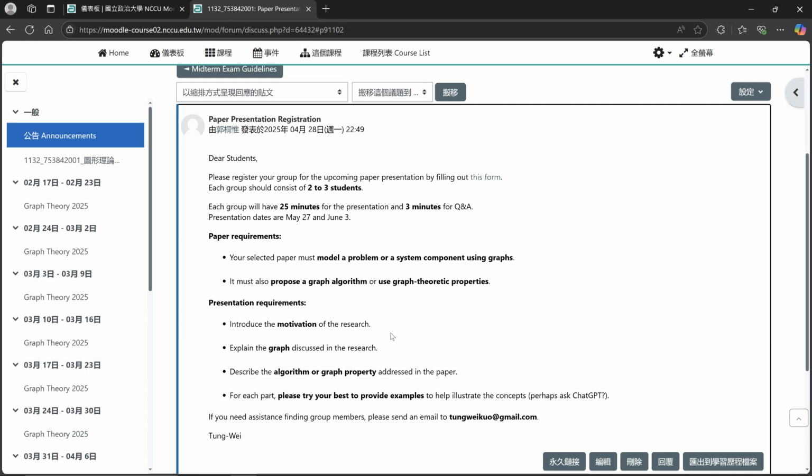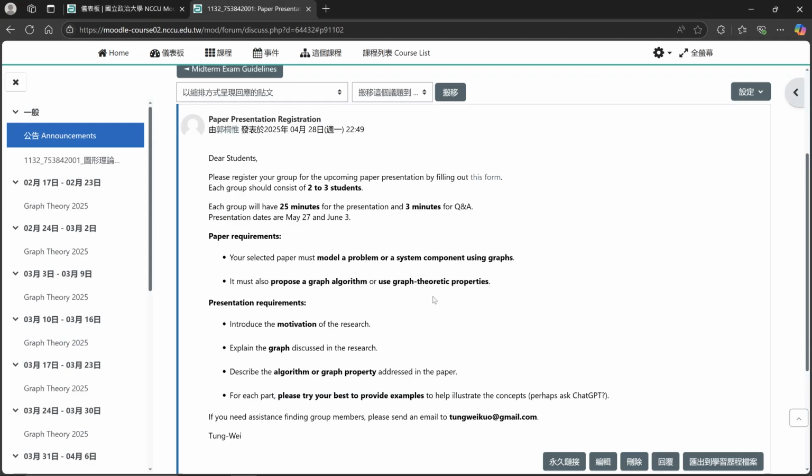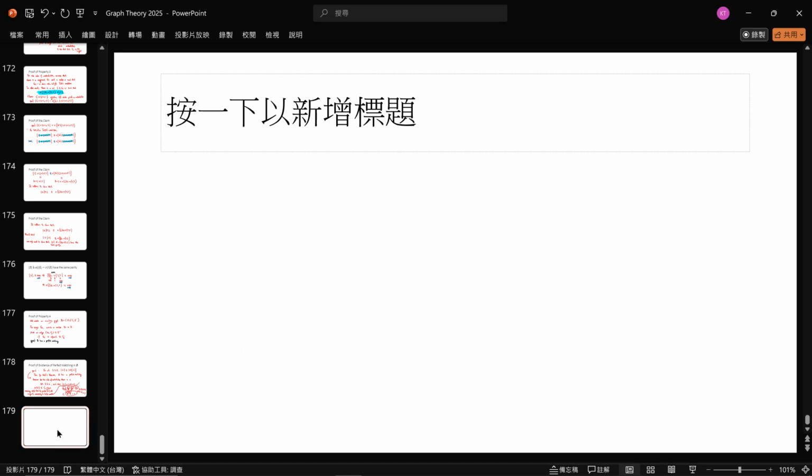还有其他问题吗？Okay, so today we're going to start a new topic, but still it is related to matching.